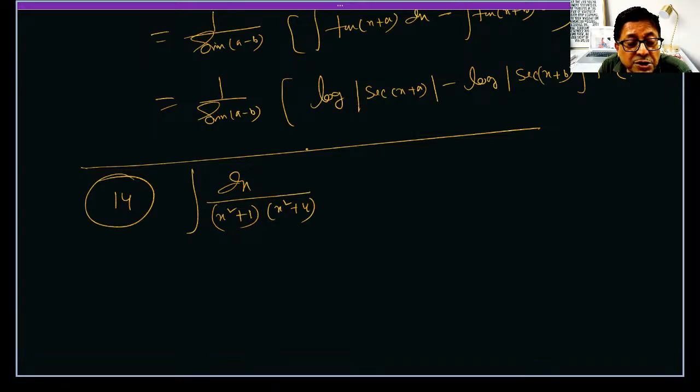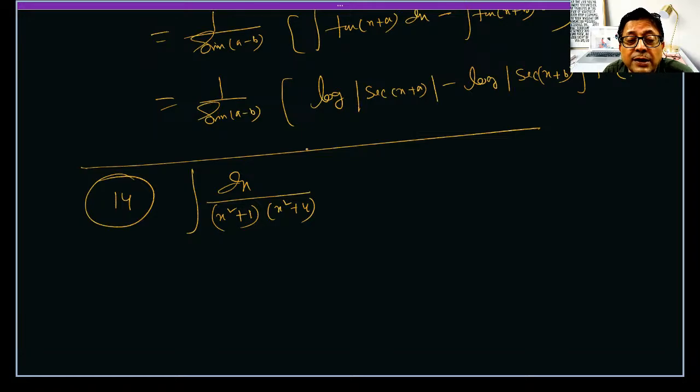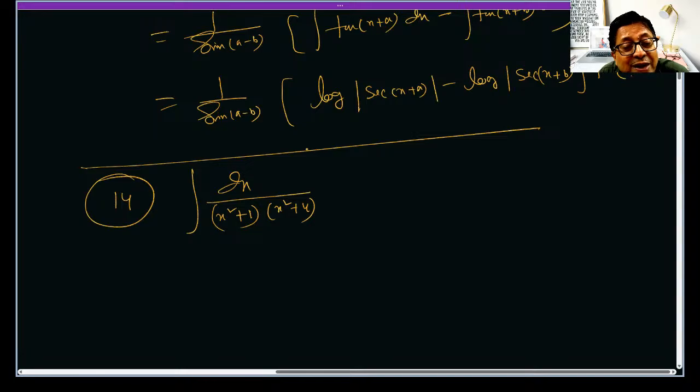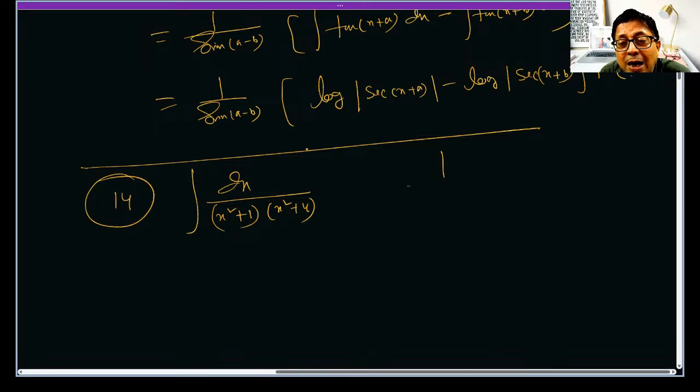I can use ax plus b by x square plus 1, cx plus d by x square plus 4, but I will not do that, because x square is a common factor and the difference between these two denominator factors is 3. So with this observation, I will be remembering one simple partial fraction.